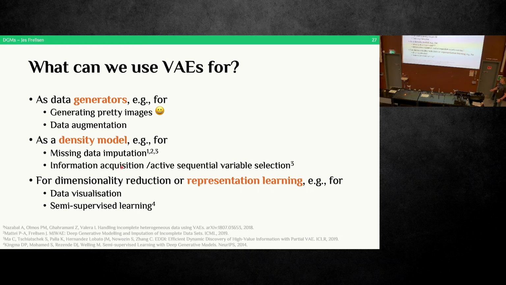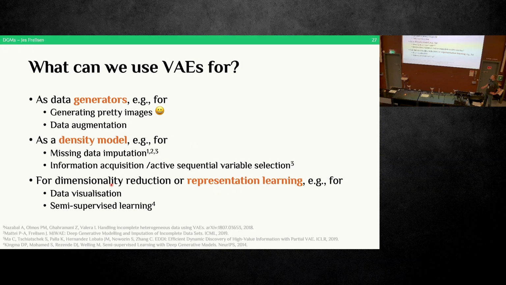If I have a joint model of all variables and all tests I could perform on a patient, then I could set up an algorithm for using the VAE to do sequential variable selection. So what variables should I acquire from this patient to come up with a diagnosis?